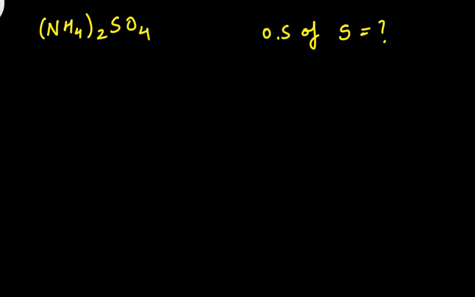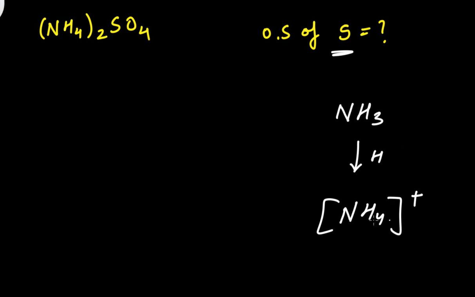Now you need to find the oxidation state of sulfur in (NH4)2SO4, right? Now again get some help from another molecule, NH3. This is a neutral molecule. If you add one more hydrogen to NH3, you will get NH4 and the overall charge is plus. So NH4 will have +1 charge, right?